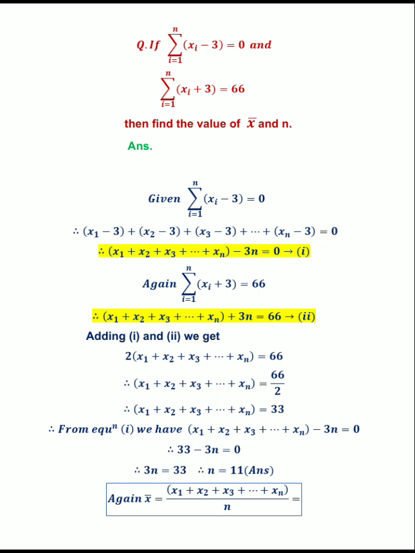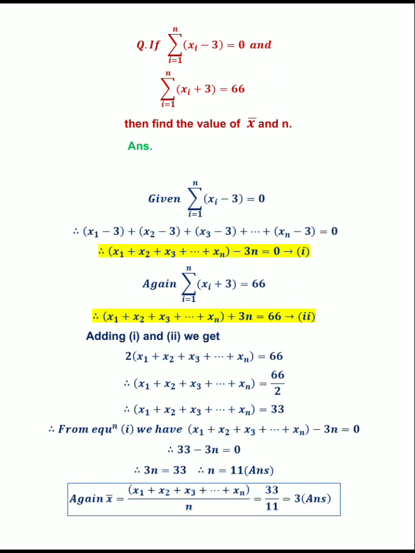We add them and divide the sum by n. Now the numerator has the value 33 and n is 11, so we write 33 by 11, that is 3. So we got the value for x bar as 3, and this is our second answer.